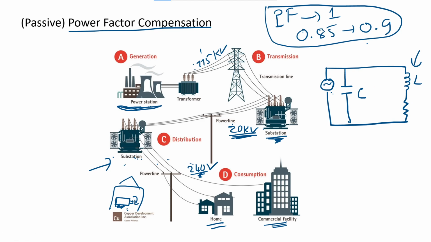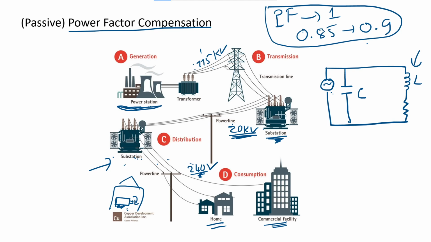Let me explain this kind of distribution of the power. You get power from the power plant, and then the power plant transforms it into high voltage in order to use small cable, and then you distribute over a long distance using this small cable, but very high voltage.